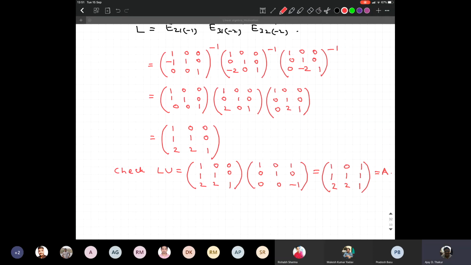The thing that we have to be careful about when doing LU decomposition is that this is possible only when A is a square matrix. This technique will not work if the rows and column numbers are different.